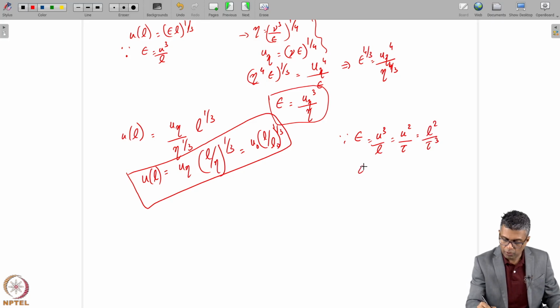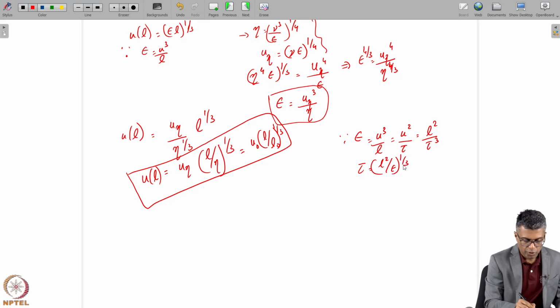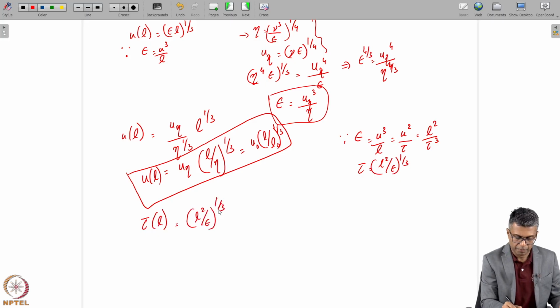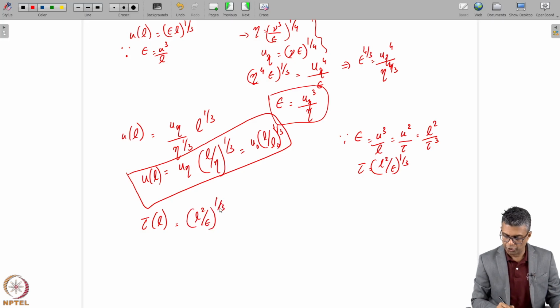Or tau is equal to (L squared over epsilon)^(1/3). And this is what I'll use. So tau of L is equal to (L squared over epsilon)^(1/3). That is what I'm going to use.